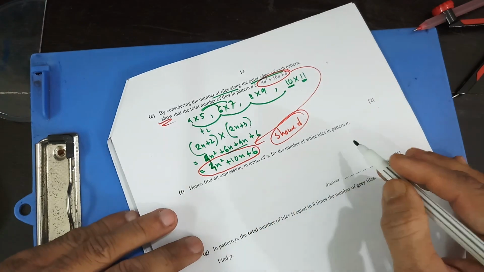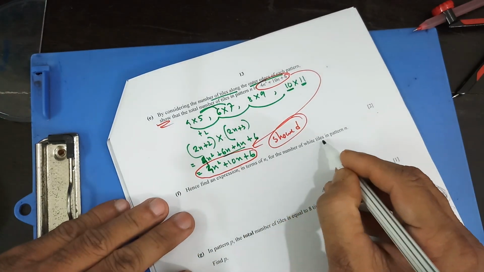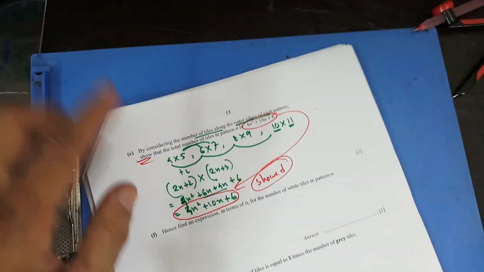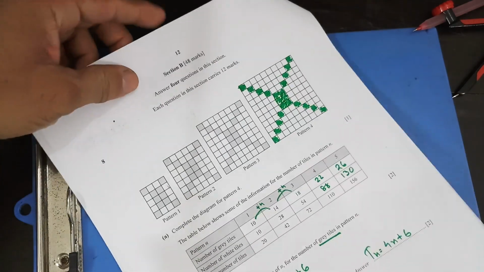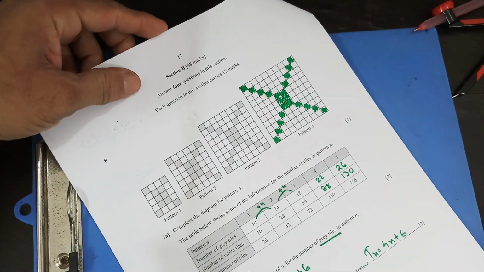Okay, hence find the expression in terms of n for the number of white tiles in pattern n. So number of white tiles. This one was the total number. So total number is this.